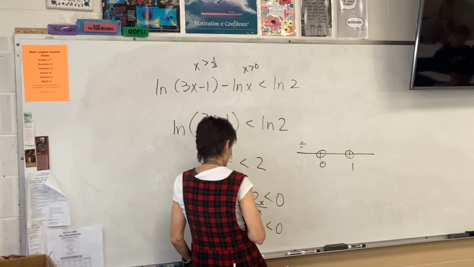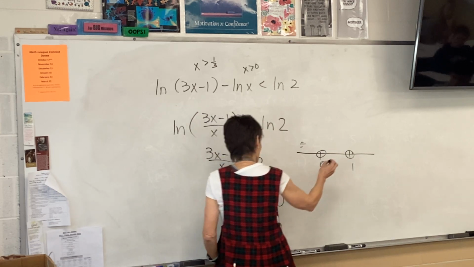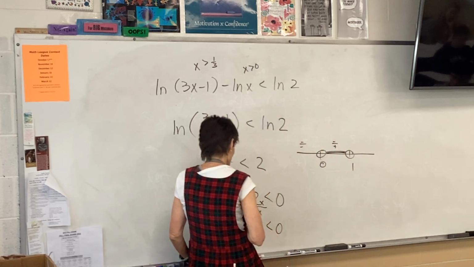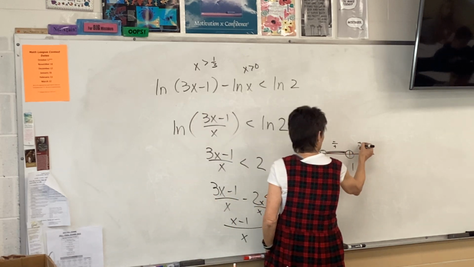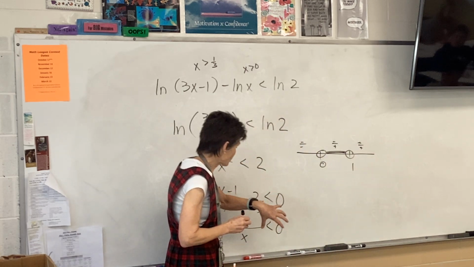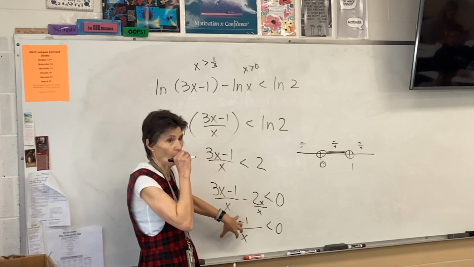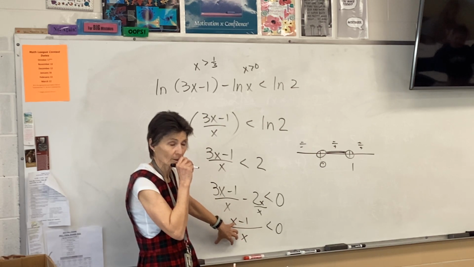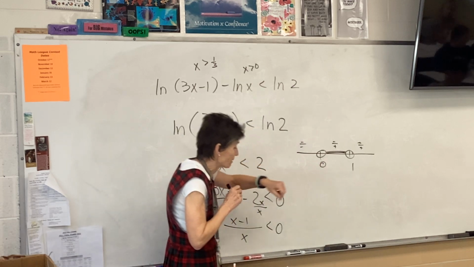That doesn't work. A 1/2 would give me a negative over a positive. That works. And a 2 gives me positive over positive. That doesn't work. So the answer to this part of the problem is that little section right there.